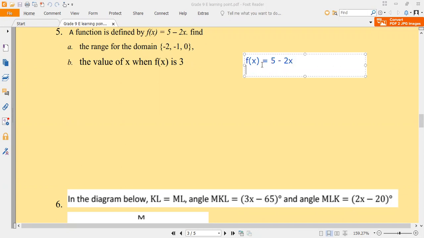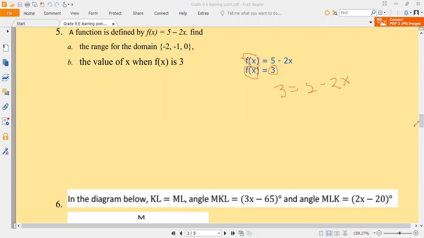This time around, f of x has been given to be 3, and they are saying find the value of x. Remember this f of x is the same as that f of x. So where there's f of x this time, we put a 3, and equate it to 5 minus 2x. That's what it means.